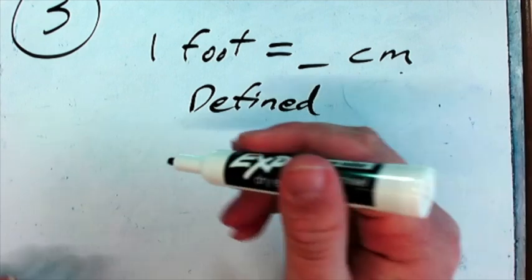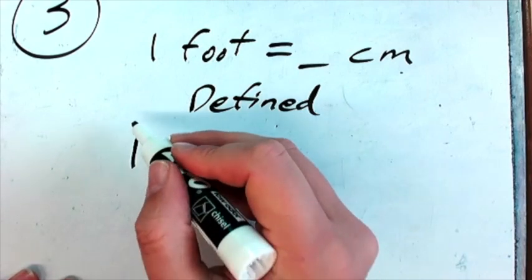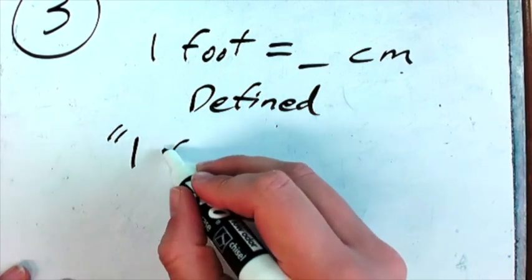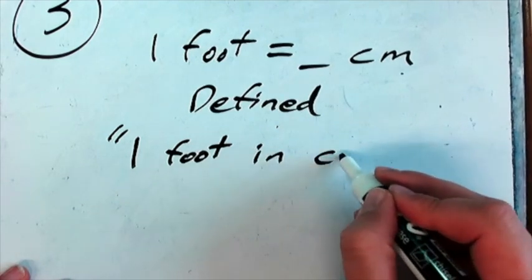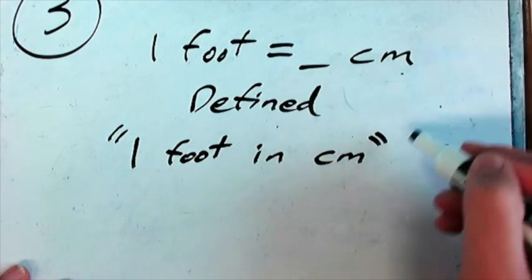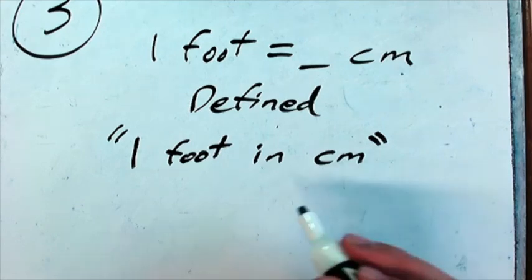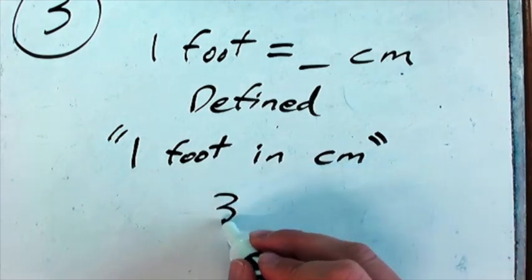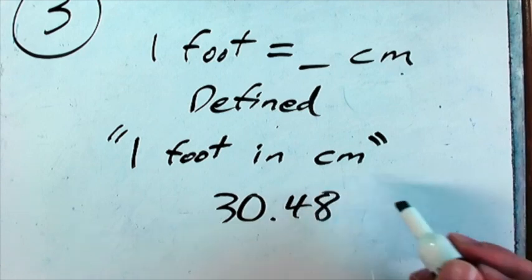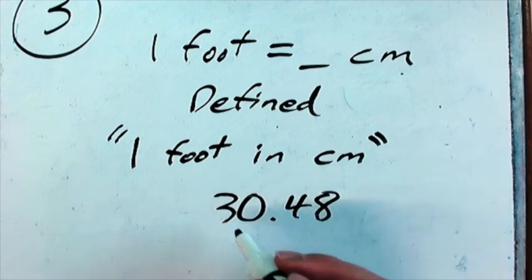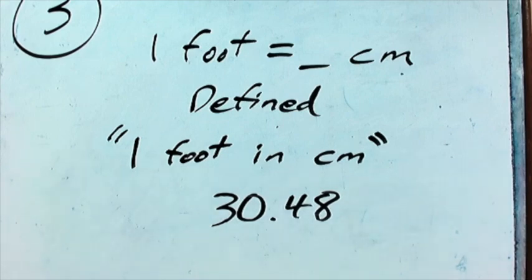So if I type in exactly this, 1 foot, the unit, in this unit, cm, it's going to spit out a number, and the number it spits out here is 30.48. So that is the number of centimeters in 1 foot.